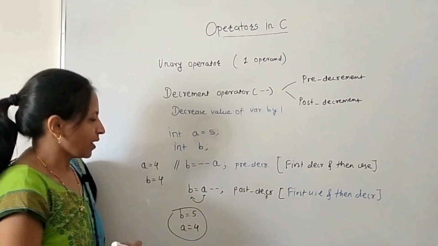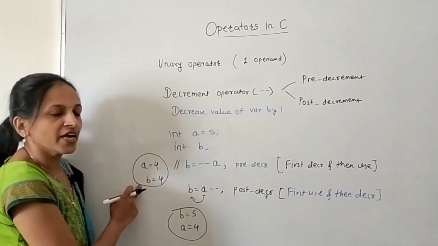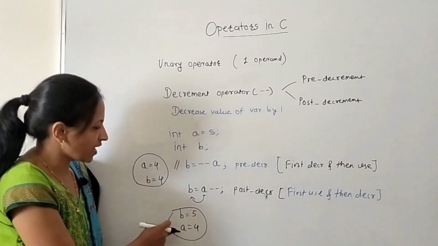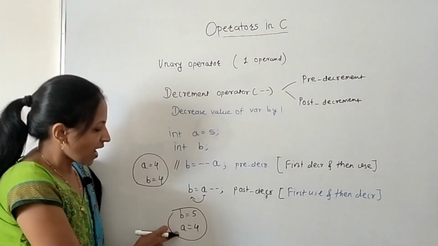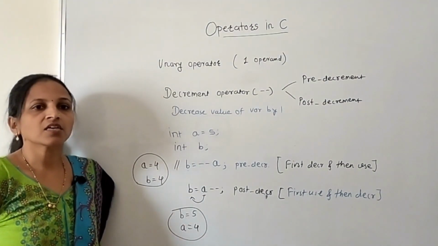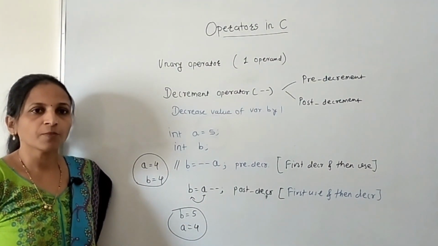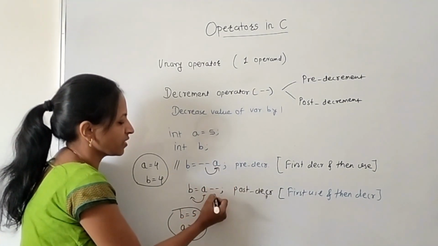In the pre-decrement case, the values of a and b both will be 4, and in the post-decrement case, the value of b will be 5 and a will become 4. This is nothing but the decrement operator. It is a unary operator again because it is acting on a single operand.